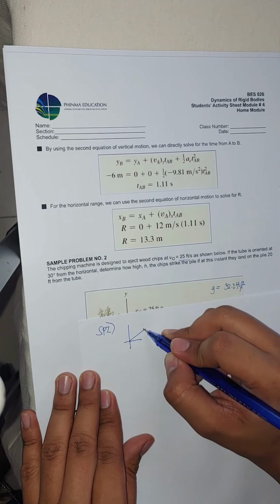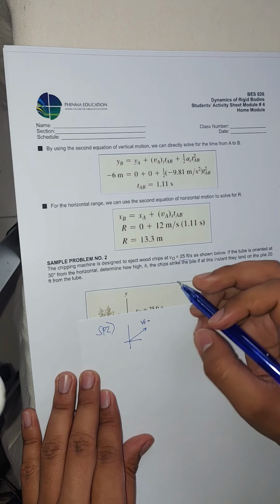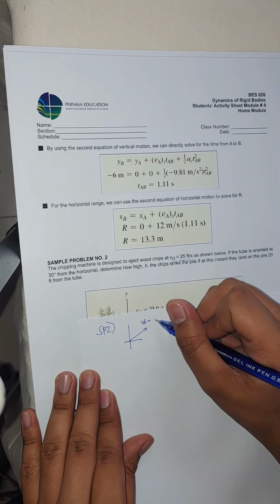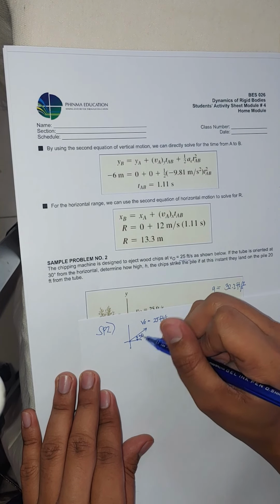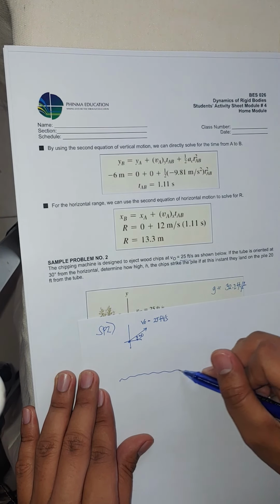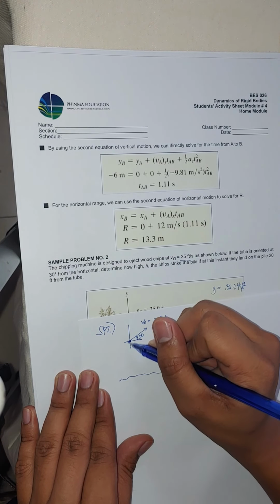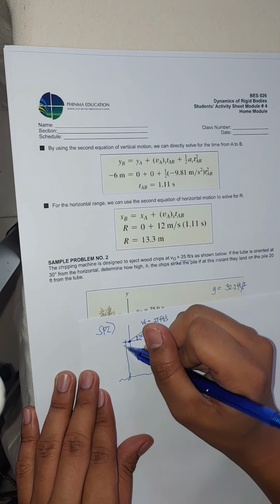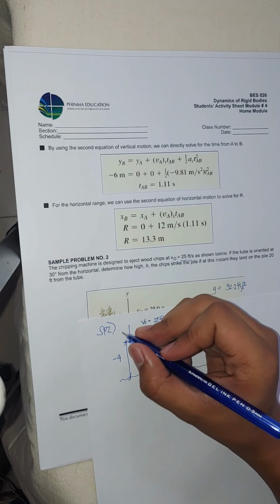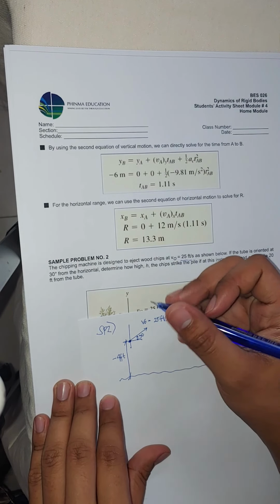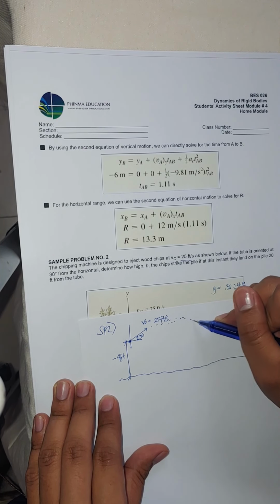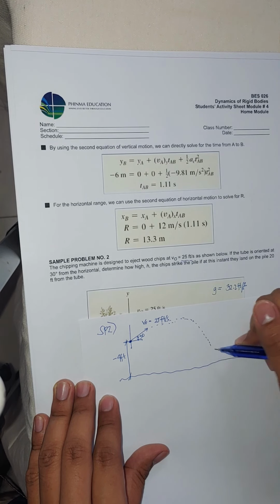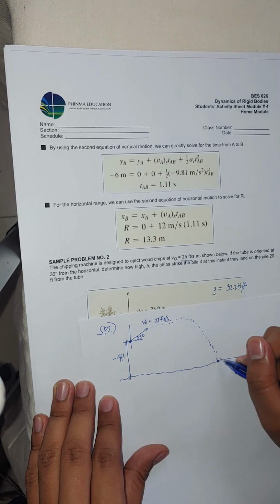So I'm going to draw this one. The object is thrown with an initial velocity equal to 25 foot per second at 30 degrees. Let's say this is the ground. From the origin down to the ground, that is negative 4 feet because that is downwards from the origin. Then it came to a point, this point, where the chips land on the pile.